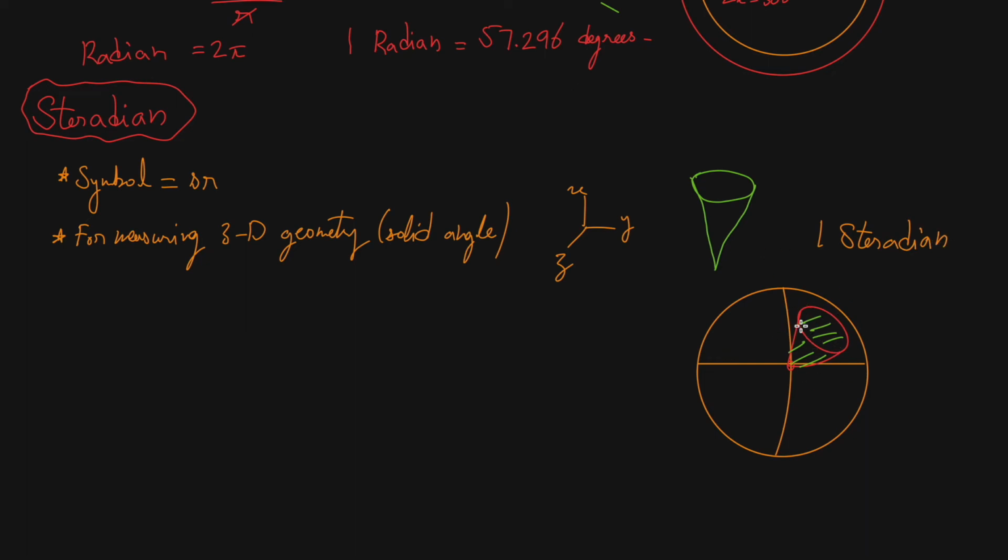This whole section will be known as 1 steradian, which is equal to the radius squared of the sphere.